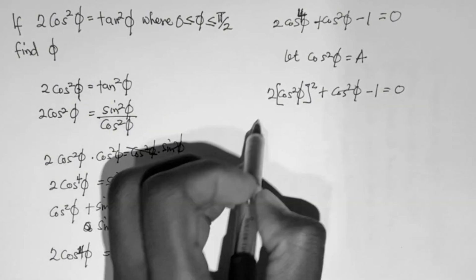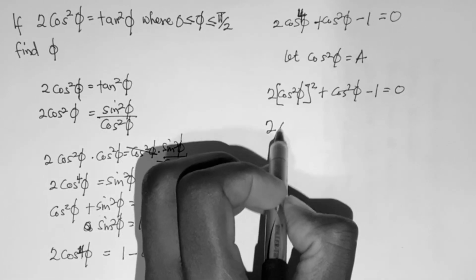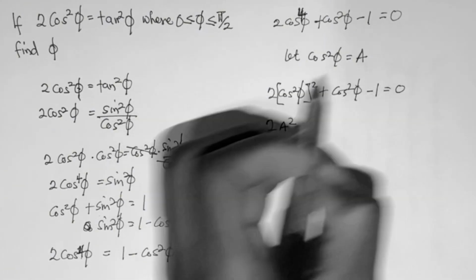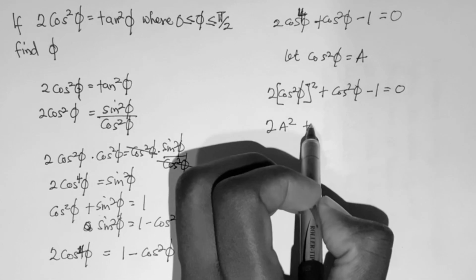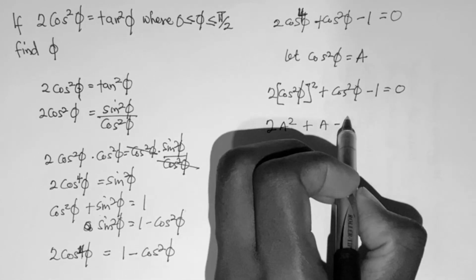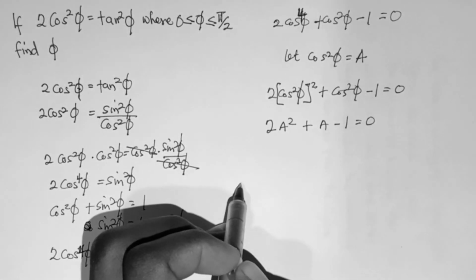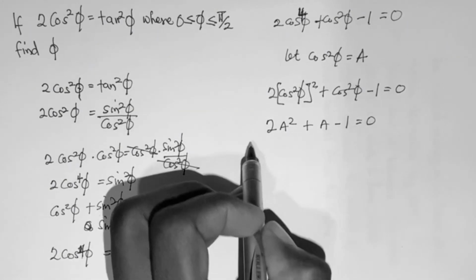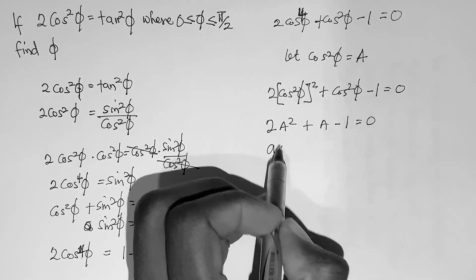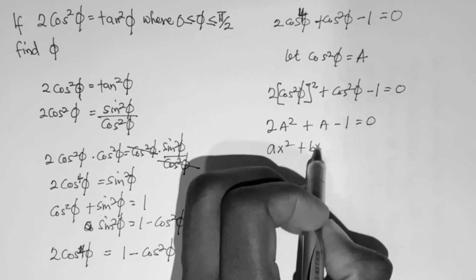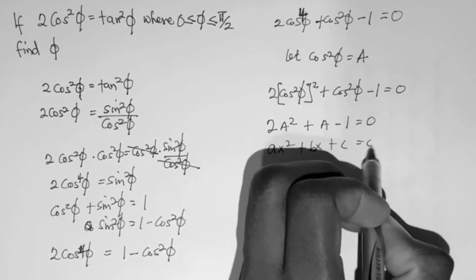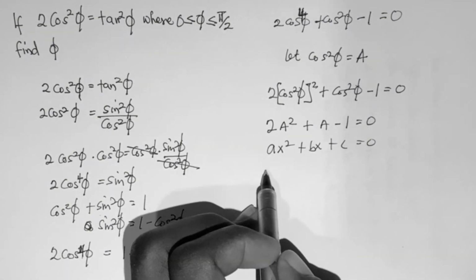So at the end of the day, this becomes 2a squared, because cos squared phi is a, then plus a minus 1 is equal to 0. So we see that we get a quadratic equation in the form ax squared plus bx plus c is equal to 0. So we can use the quadratic formula.